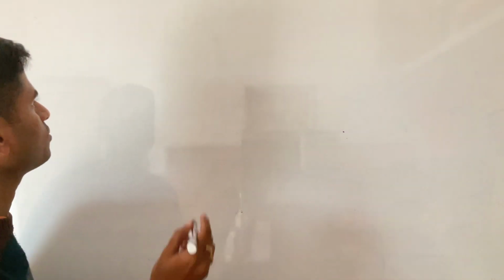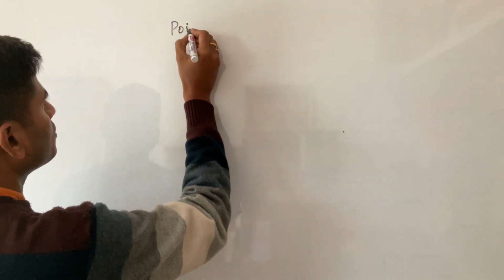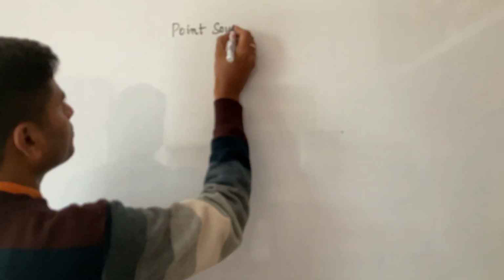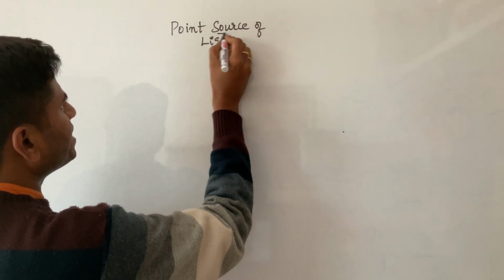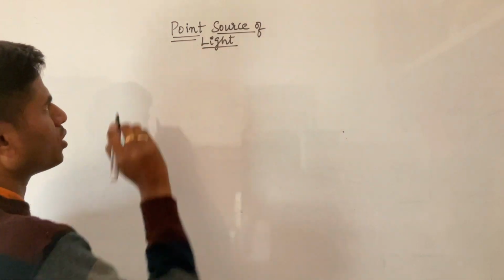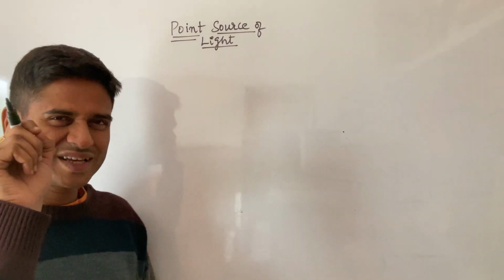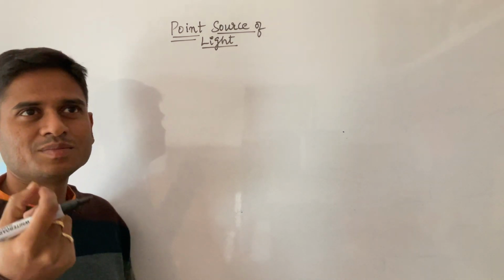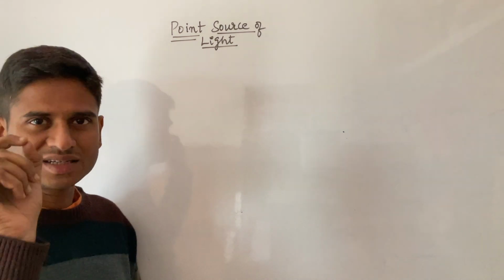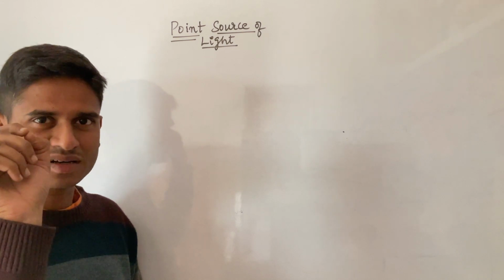Before we go ahead, we need to understand a term called point source of light. What is it? A point source of light is a source of light, but of point size. Very, very small, like a spark of fire, a small spark.